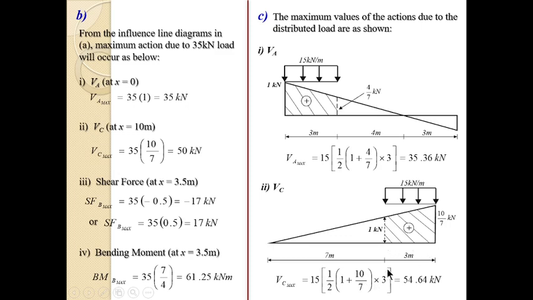We multiply by 3 meters, and we multiply everything by the magnitude of the UDL, 15. And so the answer gives us 54.64 kilonewtons. That means as the load is moving across the beam from A to B, VC will be subjected to a higher reaction than VA.